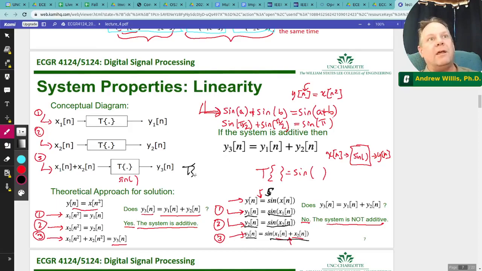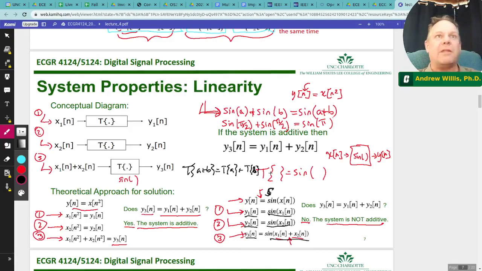If T of a plus b is equal to T of a plus T of b, that's a distributive property. So with this additivity, you can ask yourself, is this operation distributive? If it is a distributive operation, then you have a linear system.